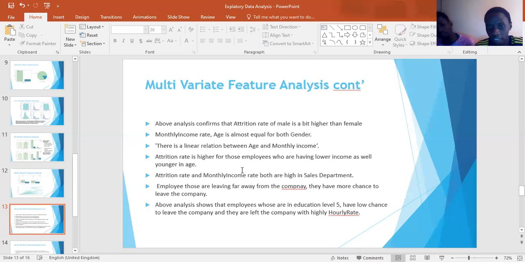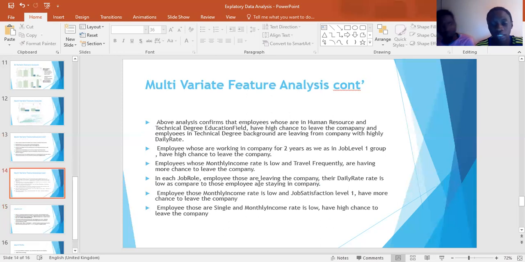The analysis also shows that employees with education level 5 have a low chance to leave the company, and they have a lower hourly rate at the company.